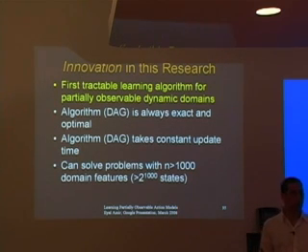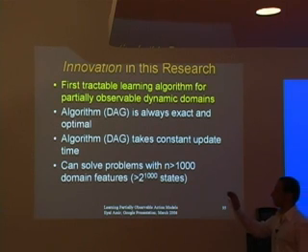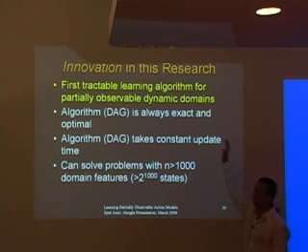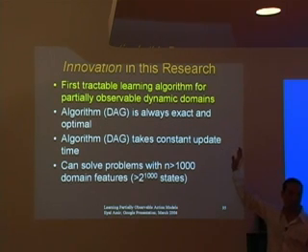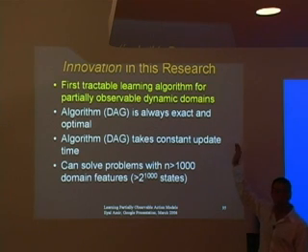You may ask, what of this here is the work that my group has done? The main contribution that we have done is to present the first tractable learning algorithm for partially observable dynamic domains. Now, we assume determinism here, which is a very strong assumption.